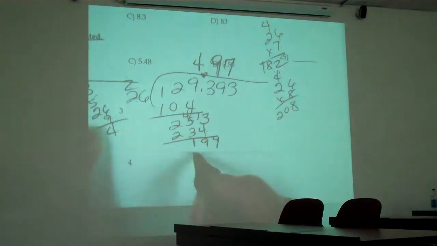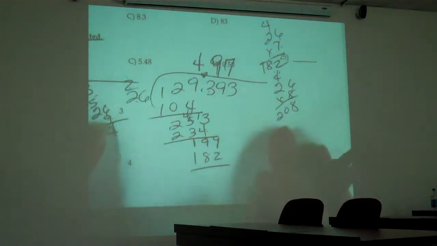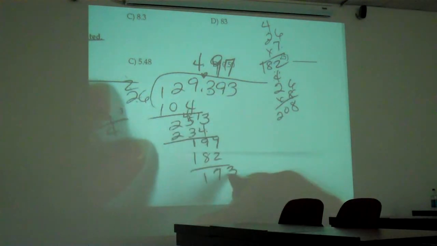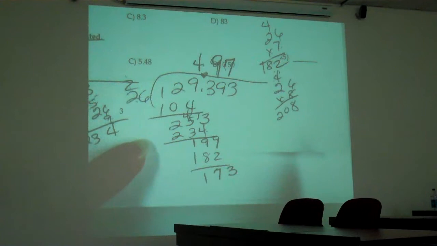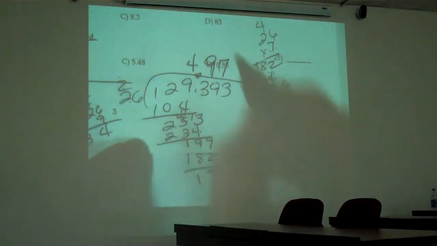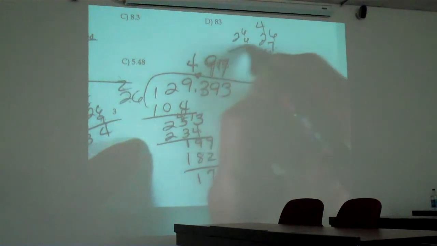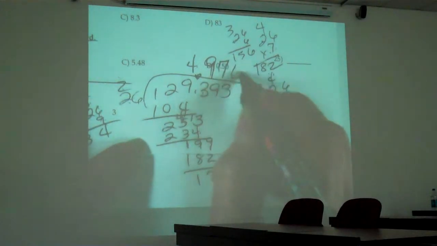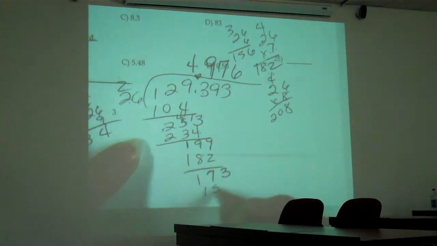Put 7 there, 182. 199 minus 182, 17. Bring the 3 down. 7? No, 7's too many, right? 6. 26 times 6, 36, 12, 15. Okay, so 6 would be 156.